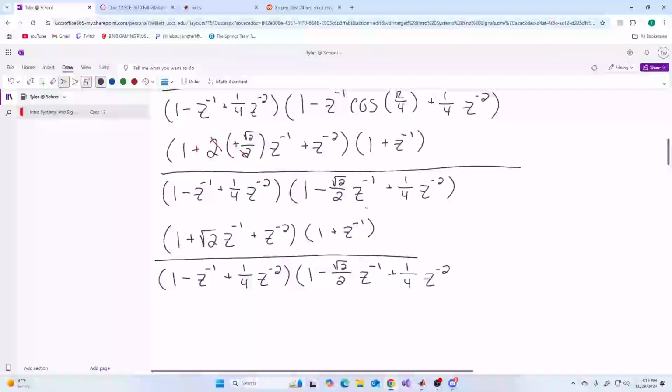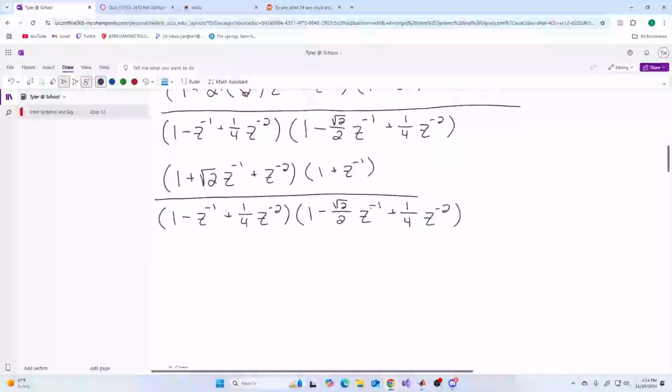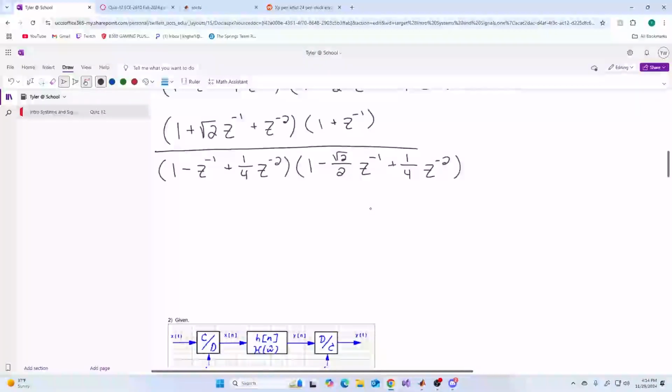Okay, now we have to distribute these. I'm kind of running out of room here. I'm going to distribute this, and then I think we're good. First thing, I'm going to distribute the 1 in on top. So I'm going to have 1 plus z to the power of negative 1. Then I'm going to distribute this one in.